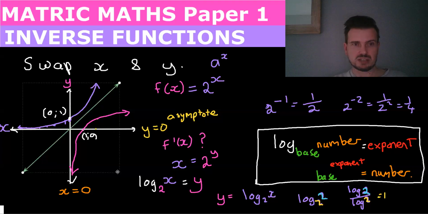So in a nutshell, for inverse functions, you swap x and y. Then the only thing you've got to be careful of is things like in the previous one, where when you had the square root, you couldn't get the square root of a negative. Okay, so this is exponential graphs. When you swap them, you get a log graph.